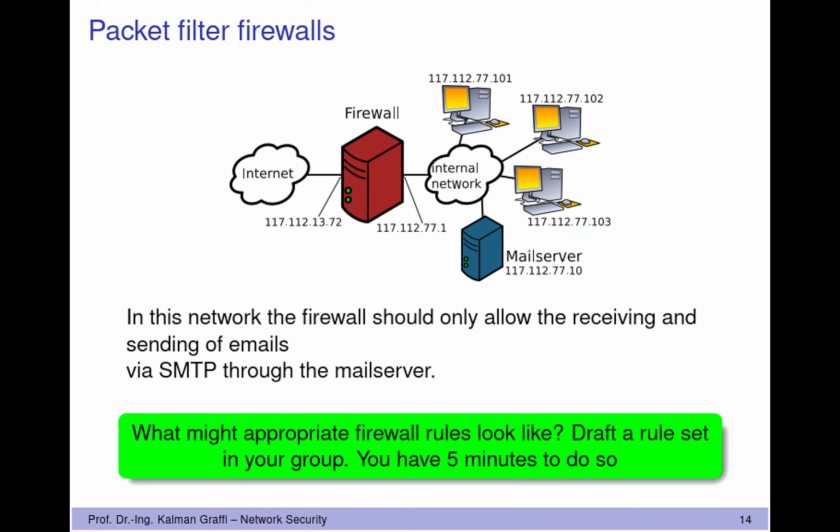So let's have a look at what we have. Here we have some IP addresses associated with the devices. This firewall has two network connections, so two IP addresses. Let's think of a rule set that we could use for accessing the mail server. That should be the example, so we will come back to this in a minute.